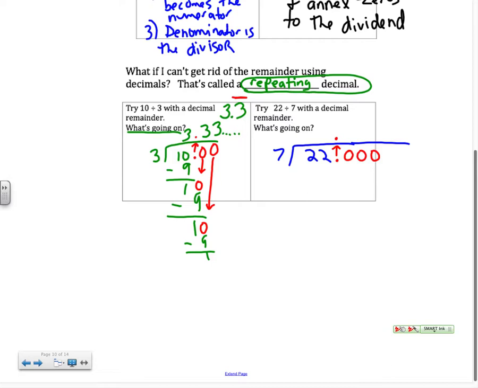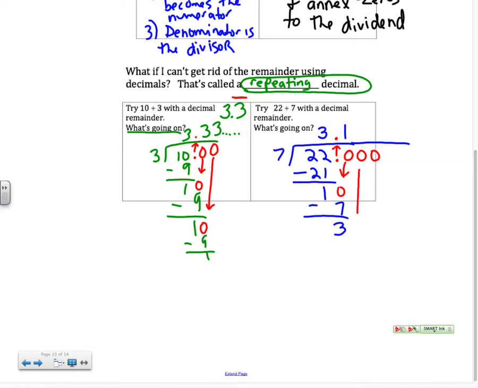Okay, so 7 goes into 22 3 times. Make sure your 3 is right above that second 2. 7 times 3 is 21. Subtract, and you get 1. All right, to get rid of that remainder, I bring down that 0 I annexed. 7 goes into 10 1 time. 7 times 1 is 7. Subtract, you get 3.